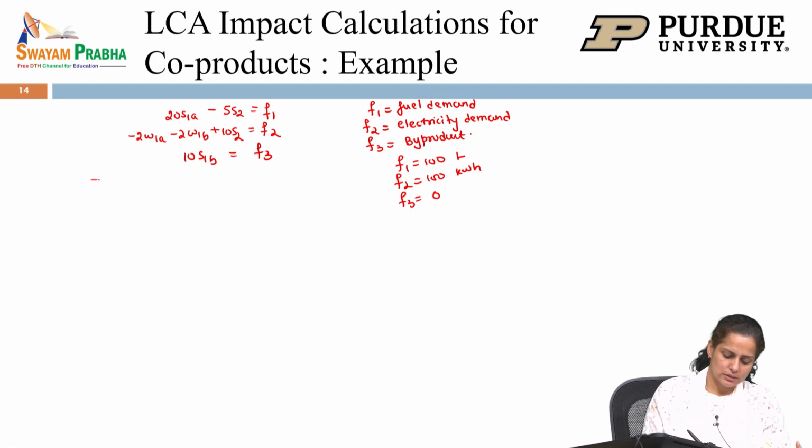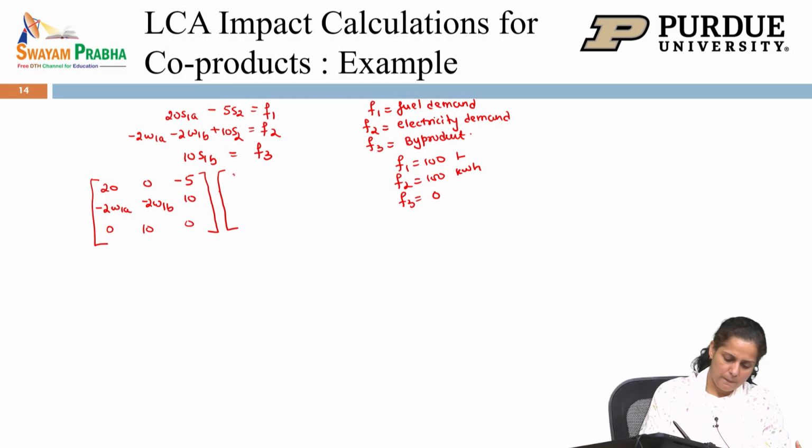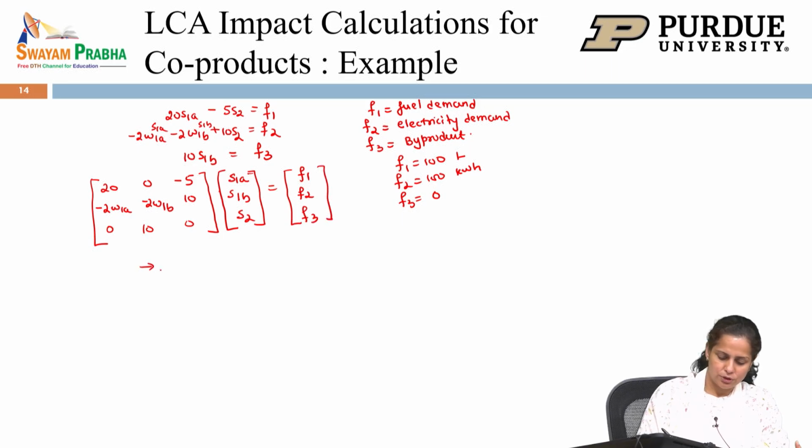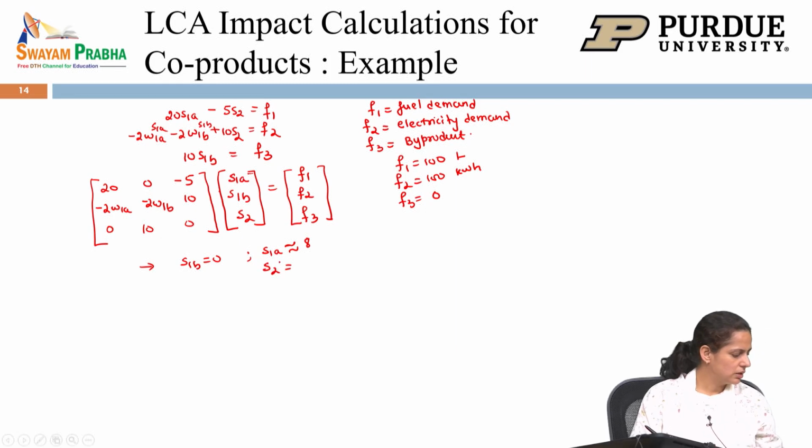So, now when you do this calculation with setting your F1, F2 and F3, let me write it in the matrix form. And when you solve this, you will get S1B is equal to 0, your S1A will come out to be approximately 8 and your S2 will be coming out to be approximately 12.